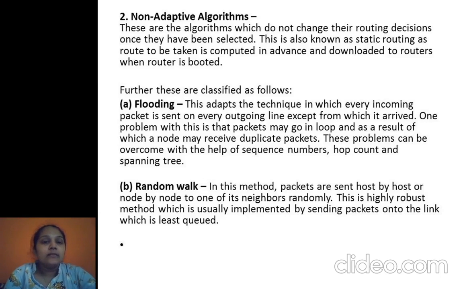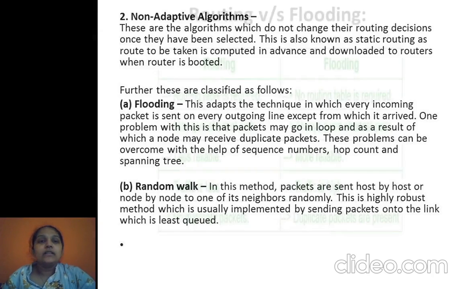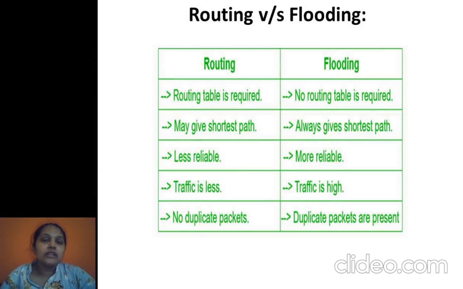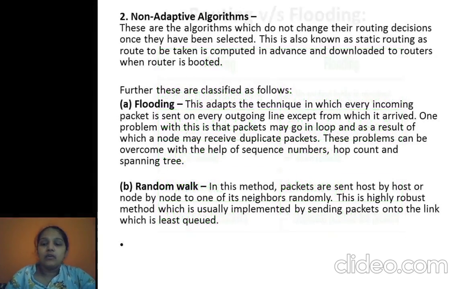In the random walk, as the name suggests, they randomly choose the destination, and data can be sent node by node or host by host. So it is a quite robust method to use. So this is nothing but the non-adaptive algorithm.